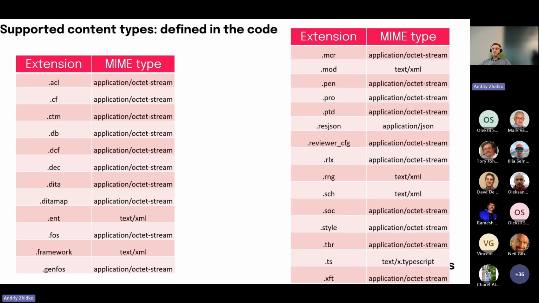We also added extra content types that are defined in the code to that list supported by .NET. You can see them on this screen. To our knowledge, these two lists are the same as they were before, and they should suit all our customers. In case you are missing a certain combination, please let us know.